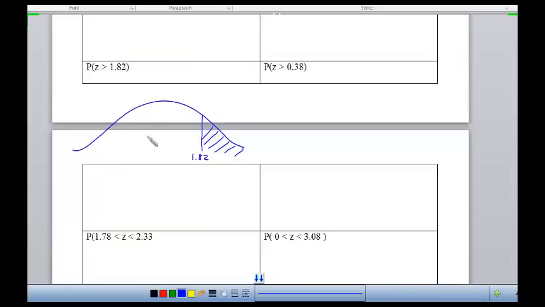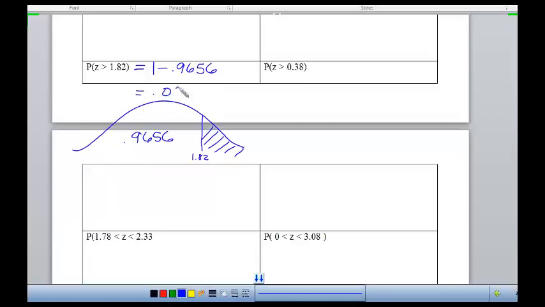This portion or this portion? The left portion. What was the number? I forgot it already. 0.9656. So if I want to know the probability of being greater than that, we already said we're just going to do what? Subtract that from 1. 1 minus 0.9656. What does that come up to?